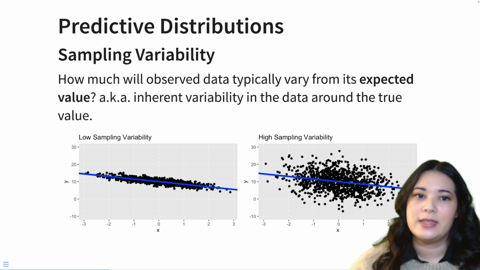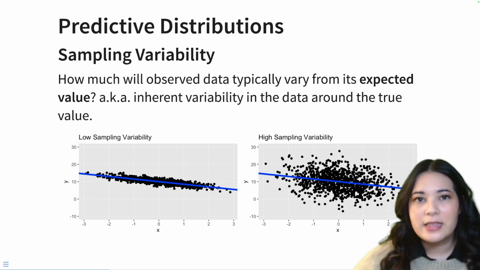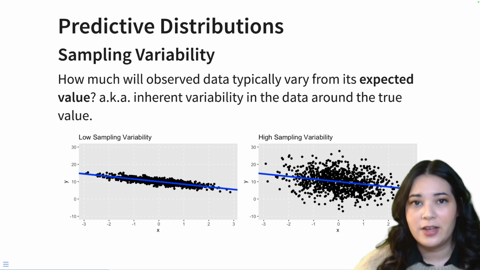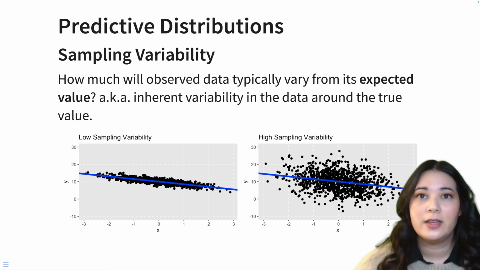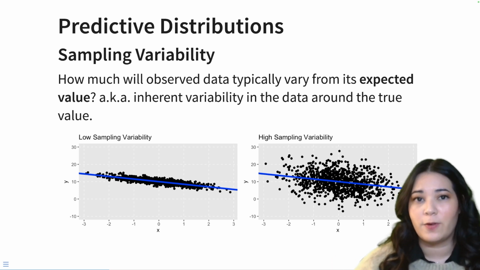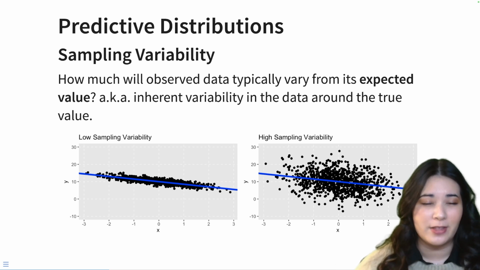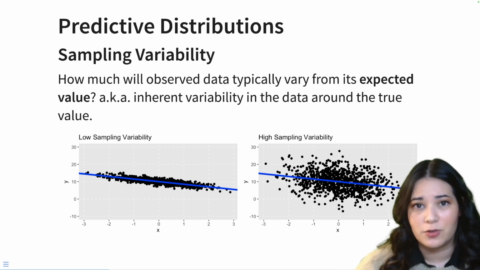On the other hand, sampling variability is not something that we're able to control. It's the inherent randomness of data around its expected value. In other words, sampling variability answers the question, how much will the observed data typically vary from its expected value? And this is just an inherent property of the data given the different variables you're using to predict.